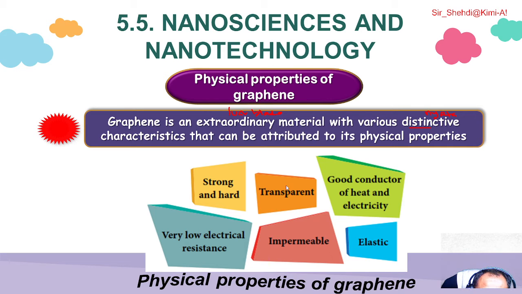Second is transparent, that means you can see light through it. The most important one in electrical terms is good conductor of heat and electricity, because we are talking about efficiency, so we can reduce the cost.